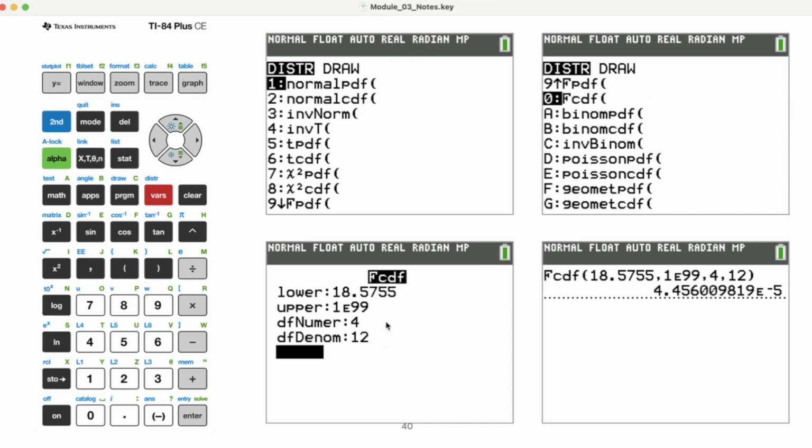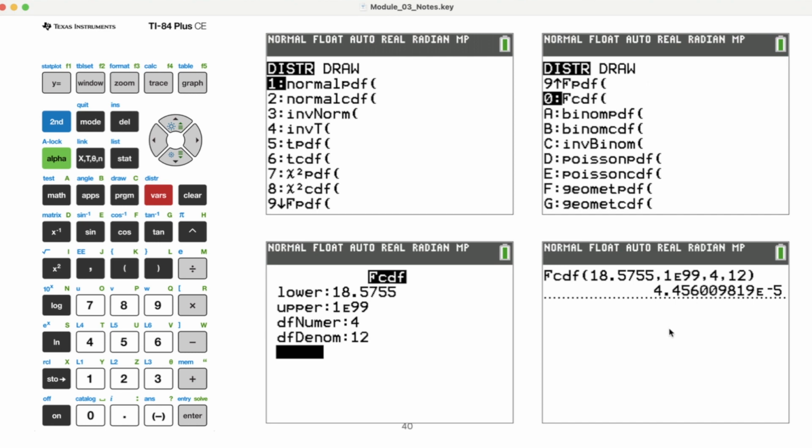Remember that we have 4 numerator degrees of freedom and 12 denominator degrees of freedom, so that's what I enter. Once I fill those values in and press the enter key, it pastes that into the calculation screen. And then we see that the resulting value, which is the p-value for this test, turns out to be 4.456 times 10 to the negative fifth.